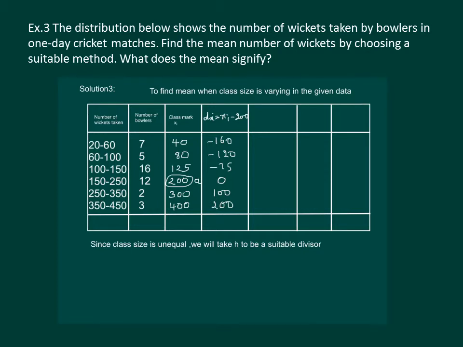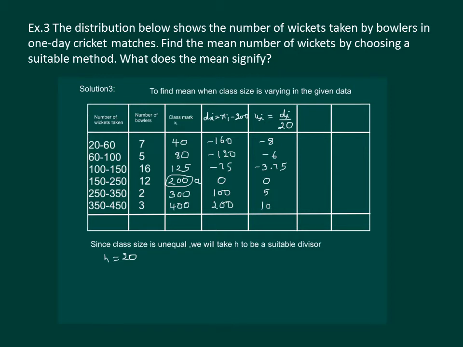So let us choose h equal to 20 and find ui. We will have minus 160 by 20 will give us minus 8. Next one is minus 6, and so on.